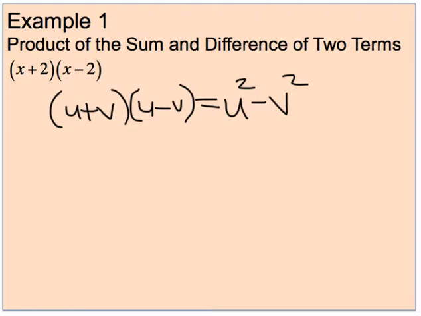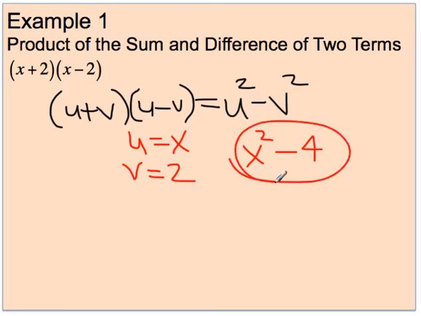So in this case, we can think of u as x, and we can think of v as positive 2. So our formula should tell us that this is u squared, or x squared, minus v squared, and since v is 2, 2 squared is 4. So our answer in this case is x squared minus 4.